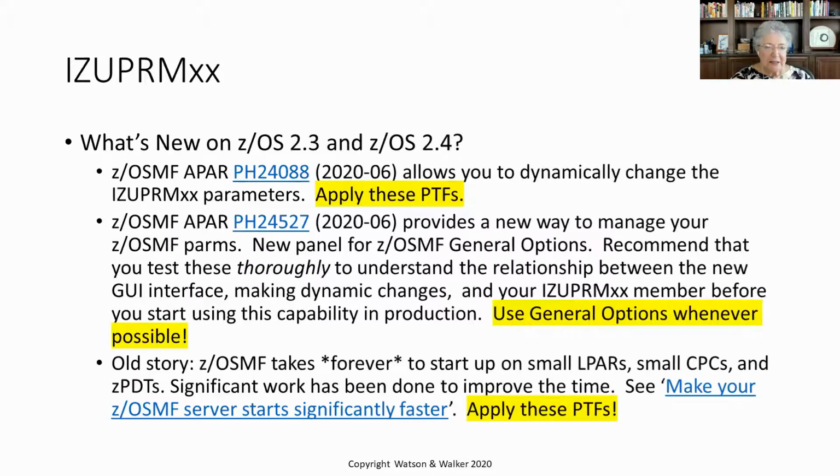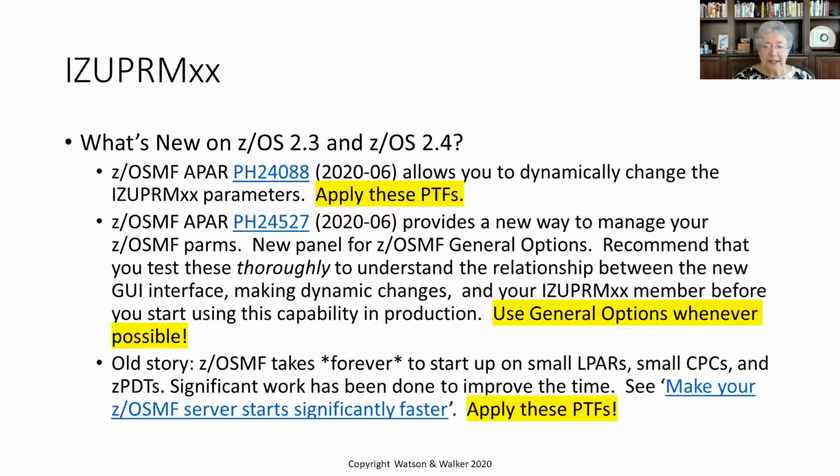But on second hand, they came out with some new APARs that you should be aware of. And they're only on APARs. So the first APAR, which came out in June, allows you to dynamically change IZUPRM. That was a big thing because otherwise you had to take down z/OSMF or you had to re-IPL.